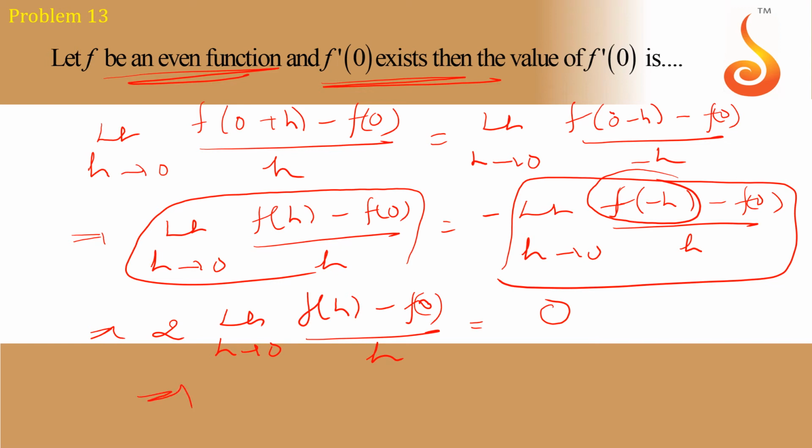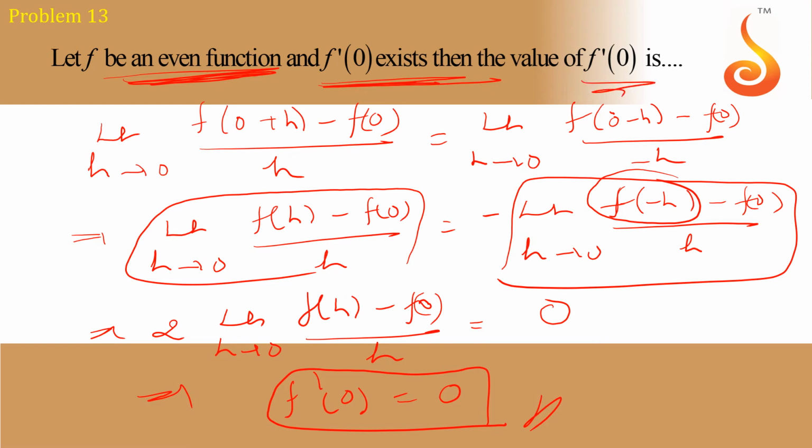Can I say this is nothing but f dash 0 value, which is 0? So for any even function, if f dash 0 exists, its value must be 0. You can take one even function cos x. What is the derivative? Minus sin x, at 0, 0. So you can check like that.